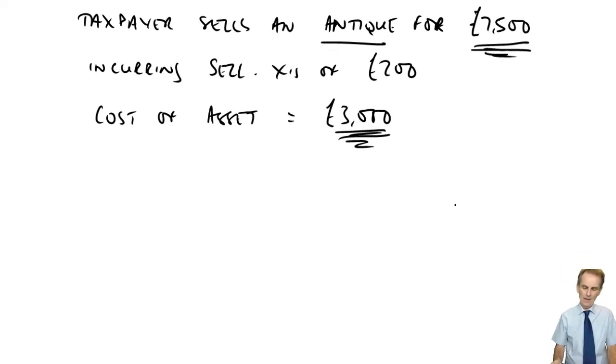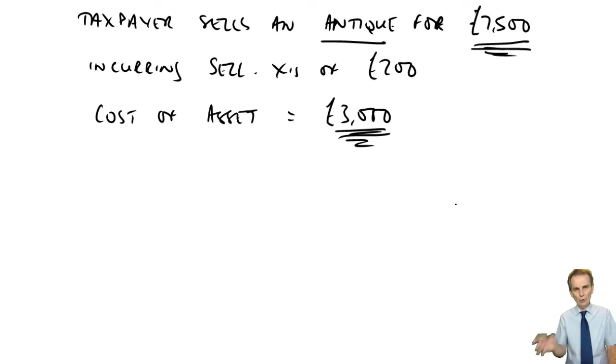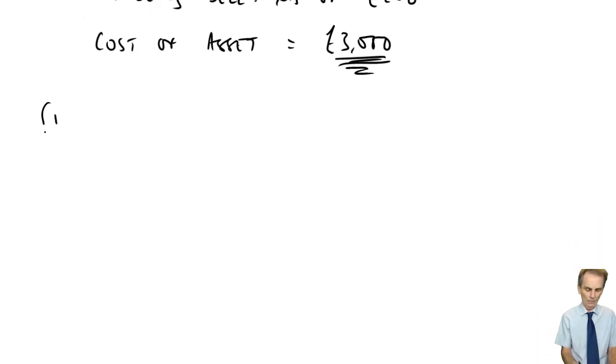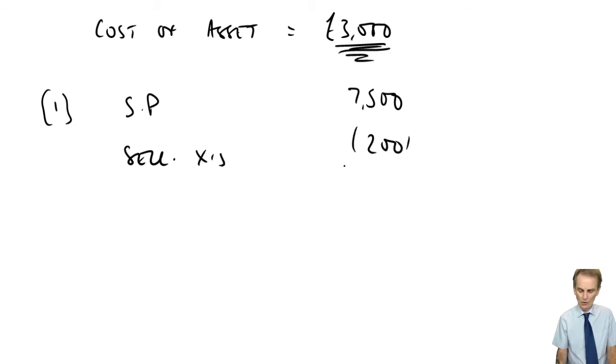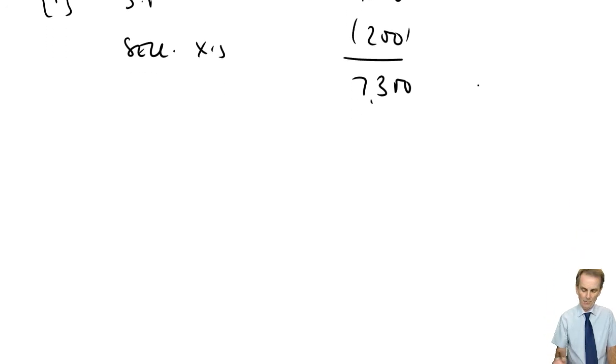Okay, when we see sold for more than 6,000, bought for less, two calculations to do. Firstly, a normal gains calculation. Sales proceeds, what do we sell it for? £7,500. Take away your selling expenses, 200. Net proceeds, £7,300.